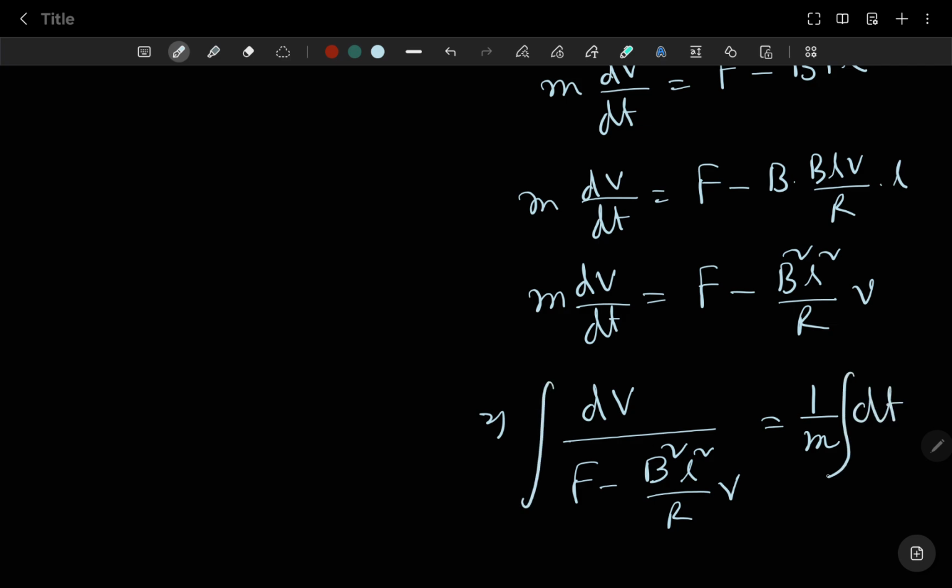Now let's integrate both sides, 0 to t, 0 to v.